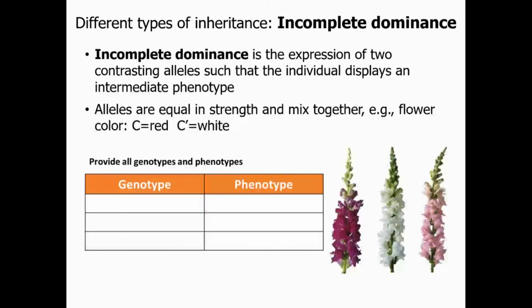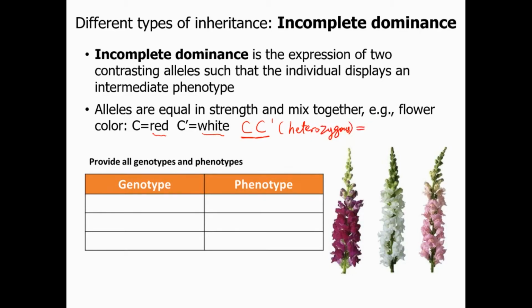If you have two different alleles, so in this case, C codes for red color and C prime codes for white color. If you have two different alleles, which you also say heterozygous, right?